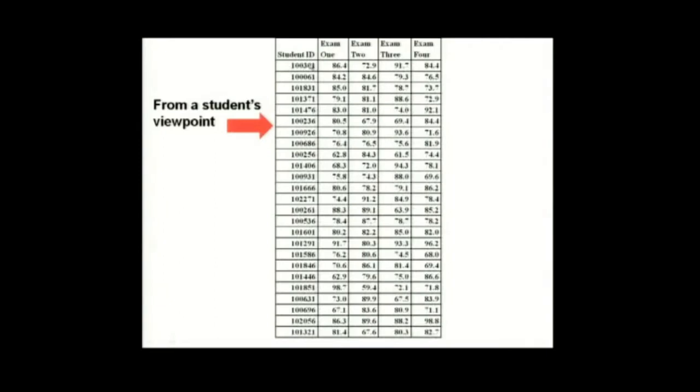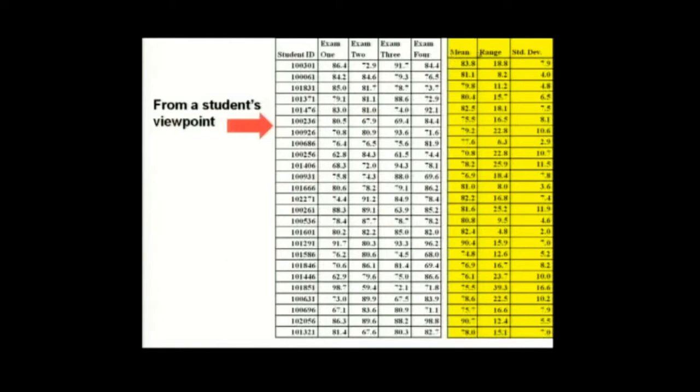Well, from a student's viewpoint, each student may be looking at his or her ID and looking at the different scores or the different grades in the different tests. A student that knows a little bit of descriptive statistics may decide to calculate the mean value, the range, and the standard deviation if he or she wishes to do so.